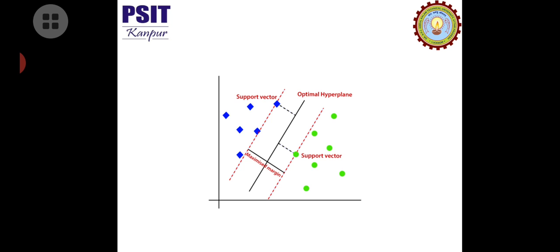This green one is nearest to your hyperplane, and this blue one is nearest to your optimal hyperplane. After that it will search for the maximized distance between your support vector and your hyperplane, so that it can find the optimal hyperplane.